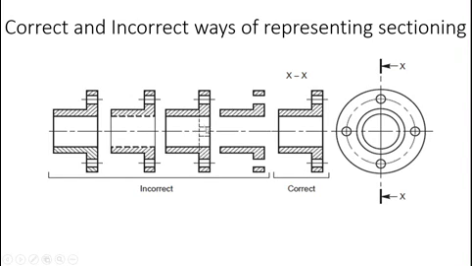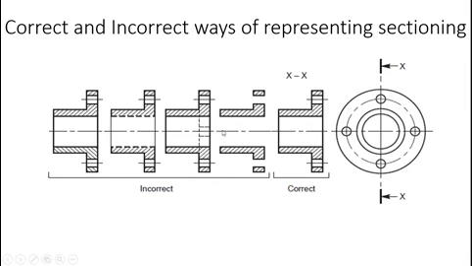Remember, after cutting, we said that the hatching lines remove the hidden lines. So every time you hatch, make sure that you remove the hidden lines. In this case, all the visible outlines are correct, but the problem is that there are some hidden lines on the drawing, which makes the drawing wrong.